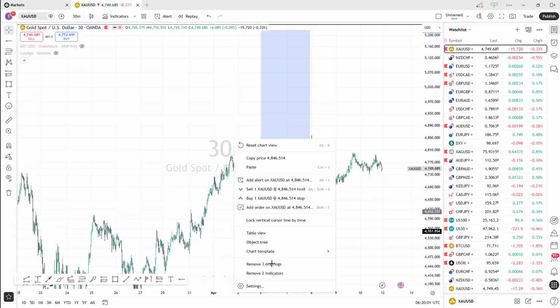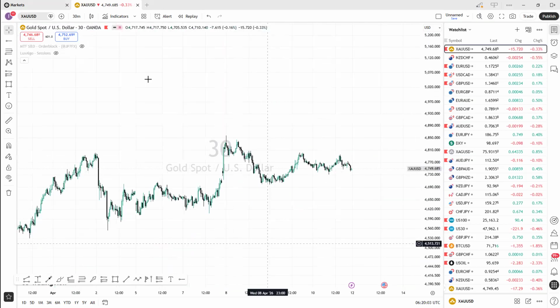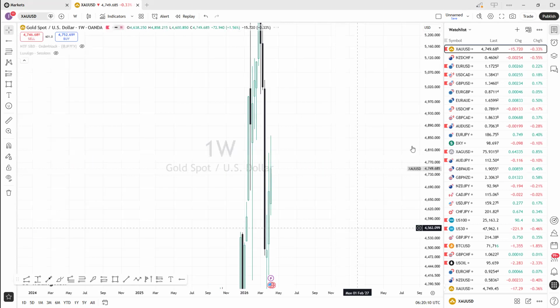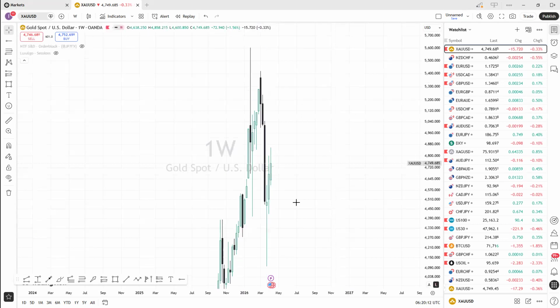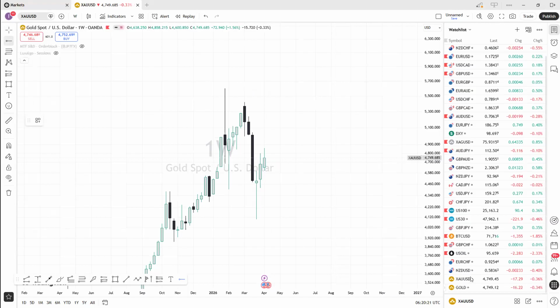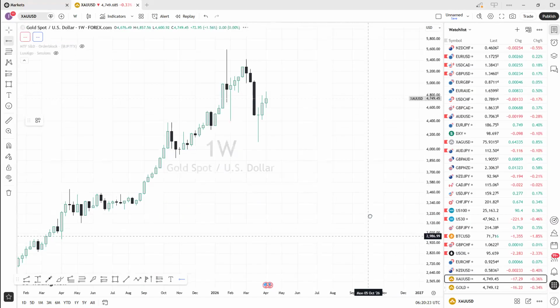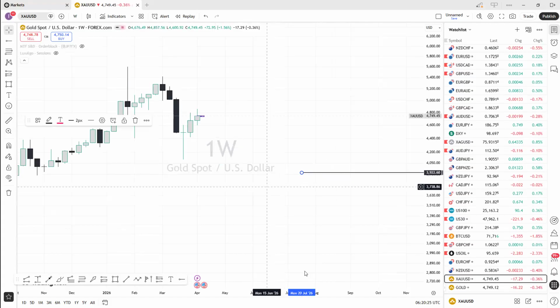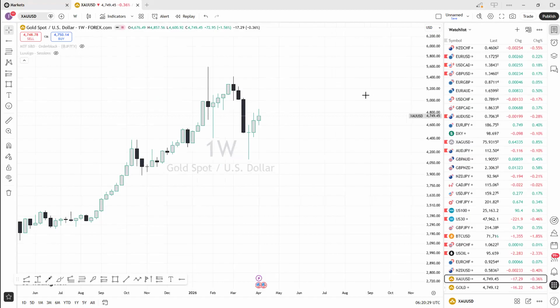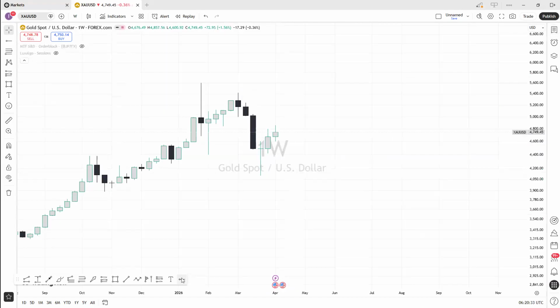Let us start with the weekly time frame to reanalyze so we can get a clear picture. On the weekly time frame, here we are in a distribution move after that manipulation. Let me show you very clearly.